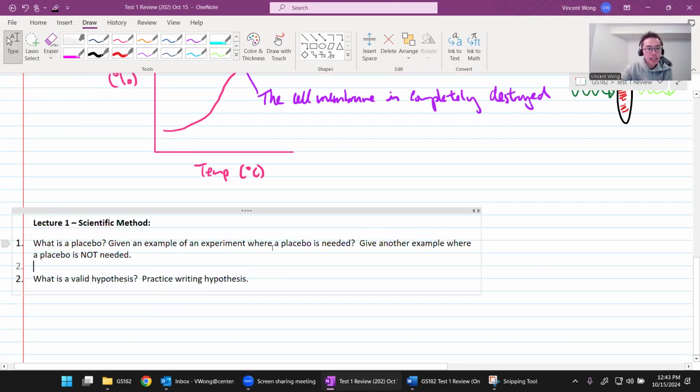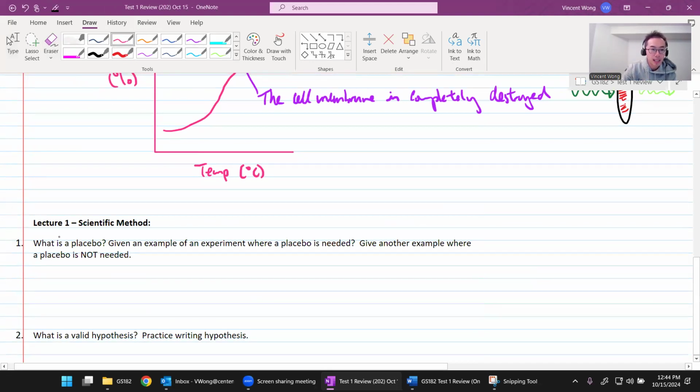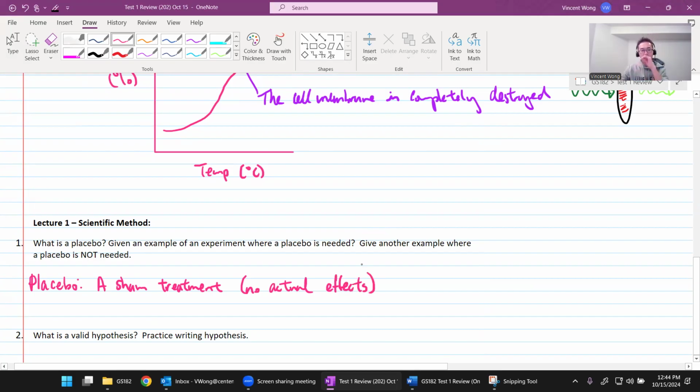What is a placebo? The best way to think about it is that it is a sham treatment. Sham treatment means it has no actual effect on the dependent variable.